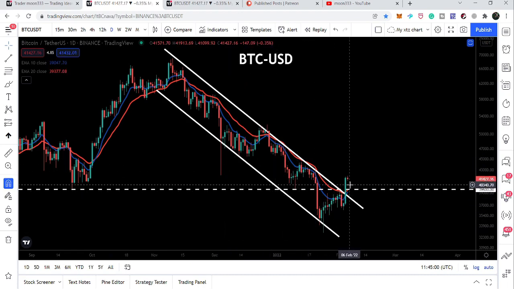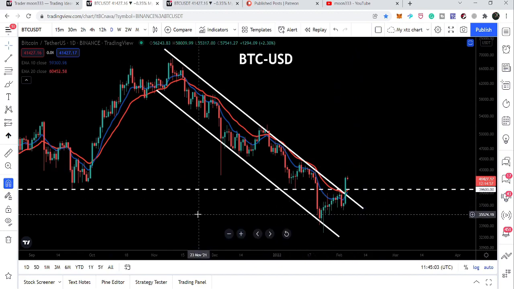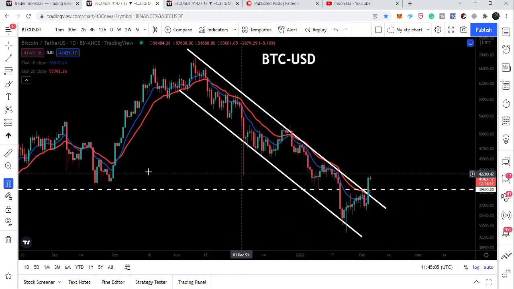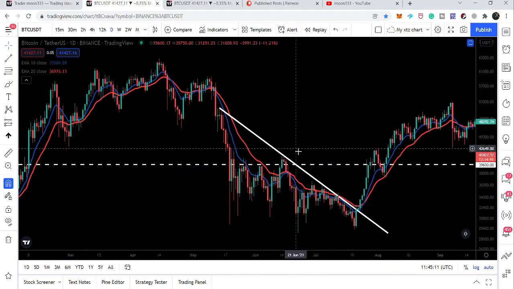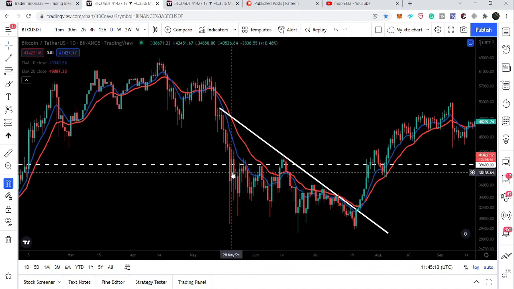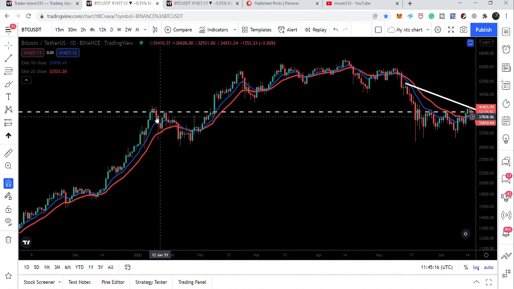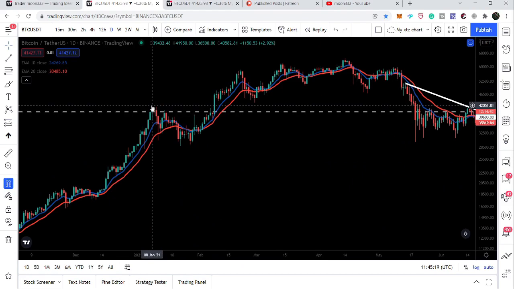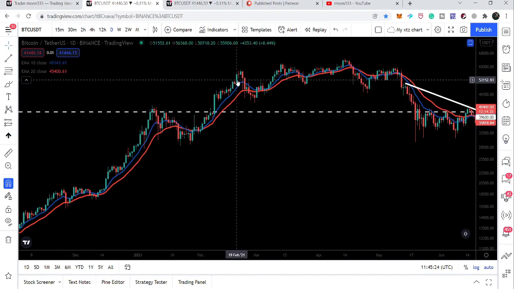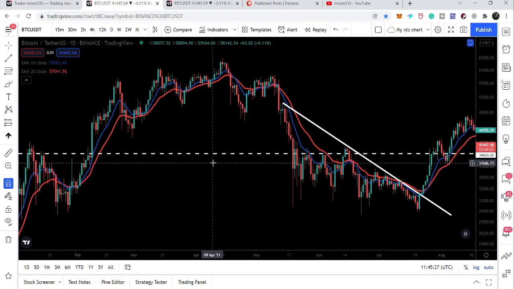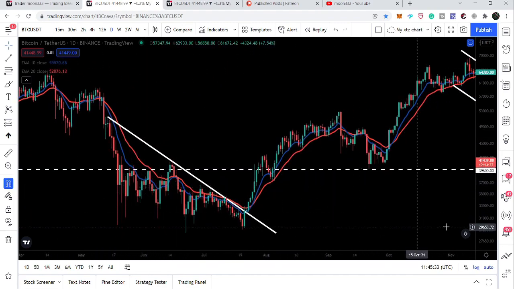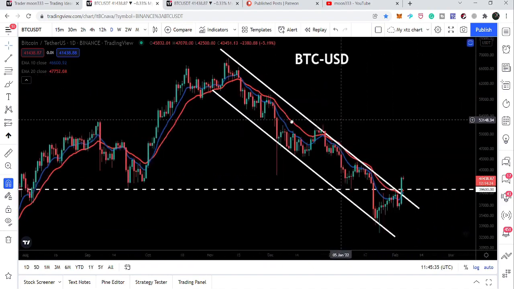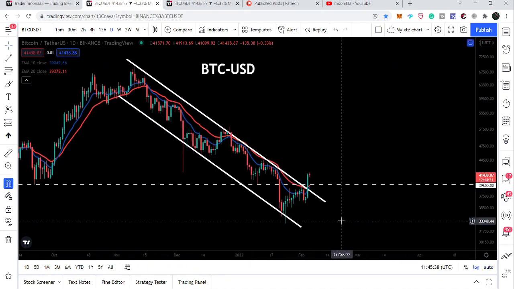Now again we are above this resistance, and it can again work as a very strong support, because here it worked as a support, here it worked as a support, and here for several candlesticks on the daily time frame it has been working as a resistance, and here as a resistance back in January 2021 when this rally started, and we had a very powerful rejection, and finally we broke out and set an all-time high for Bitcoin. But again the price line moved down, and this level was then a really very strong resistance. Therefore this time again it can work as a very strong support.